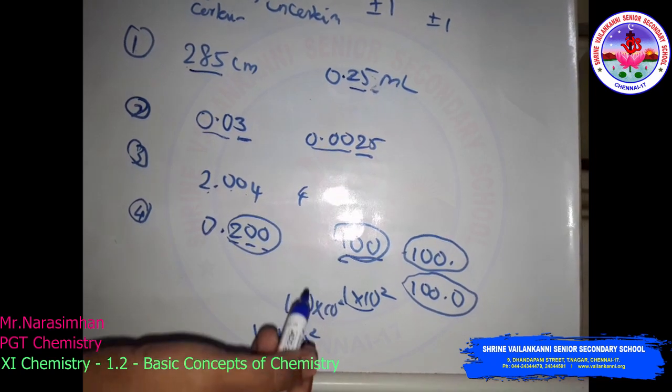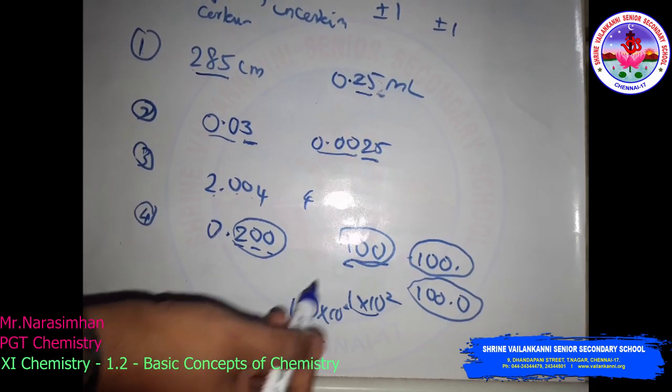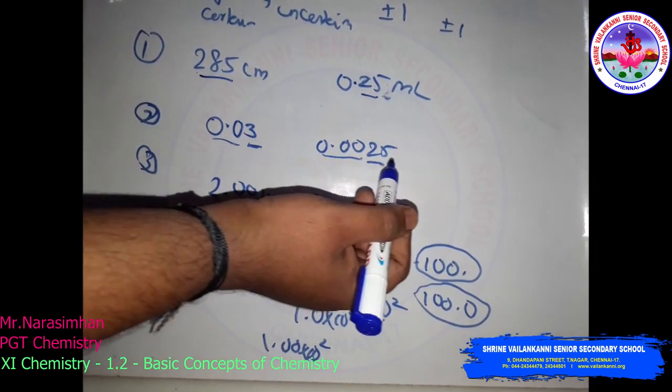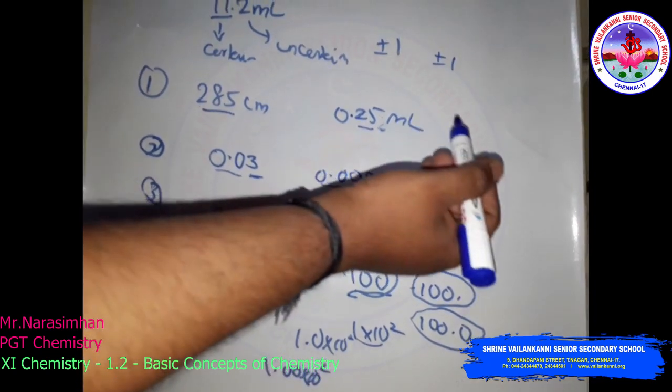Then the last one is counting the number of objects. For example, 2 balls.